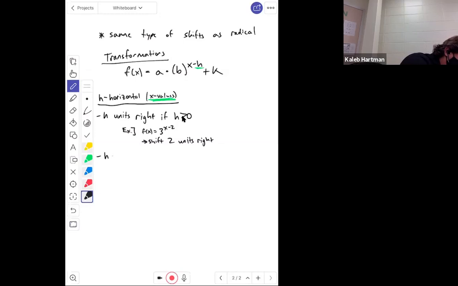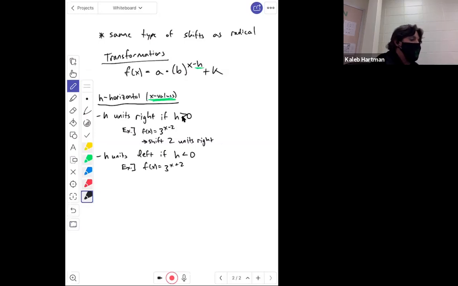It's going to move h units left if h is less than 0. So what does that look like? Well, say we had f of x equals 3 to the x plus 2. Because the standard form is x minus h, this means that h is negative 2 here.